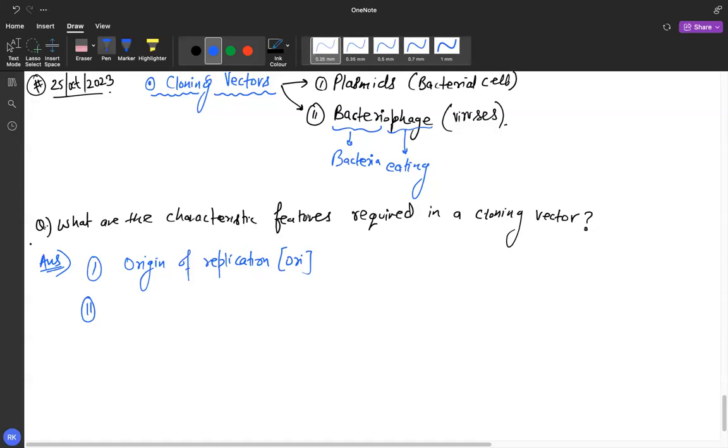Whatever we have done, it has worked. We need a selectable marker, right? We need something which we can see and we can know that transformation has happened, right? So some marker, yes or no? Yes. So the second important thing is a selectable marker.